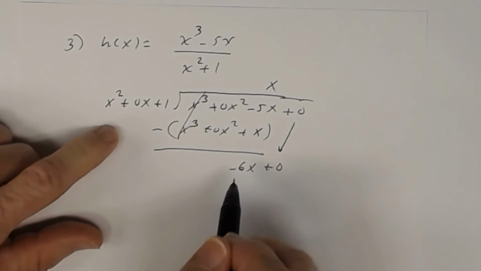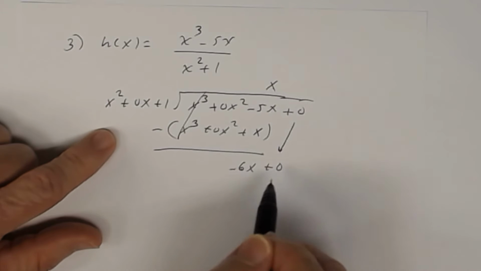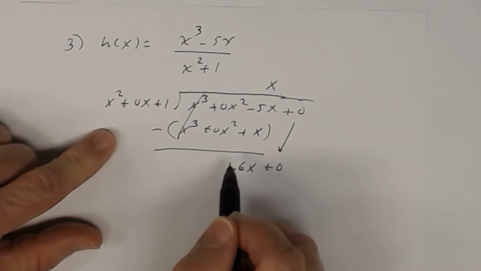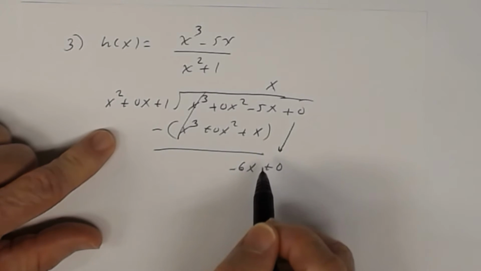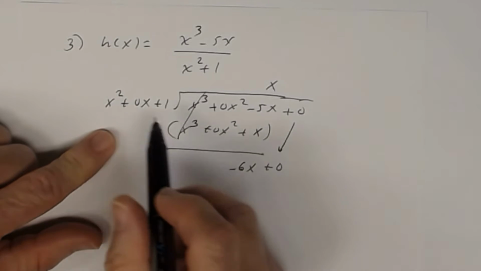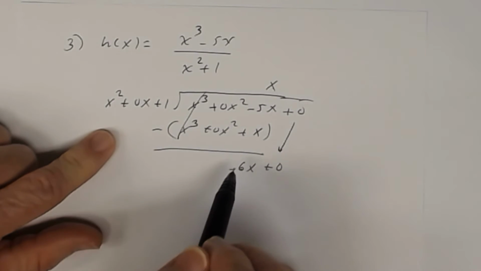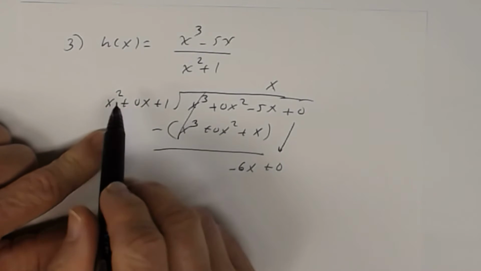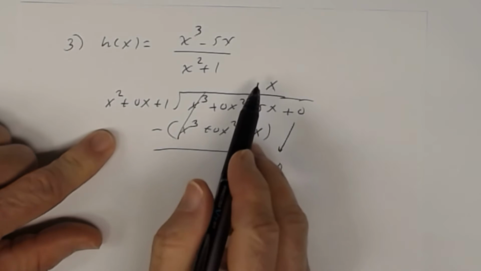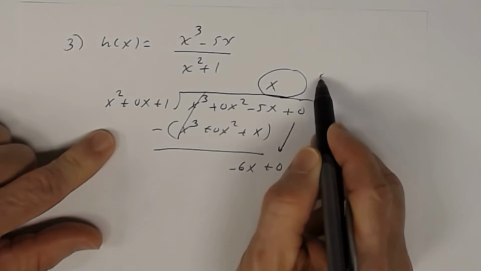Now, notice I cannot divide any further because the degree of this remainder is 1 and the degree of my divisor is 2. Once the degree of the remainder is less than the degree of the divisor, you stop. So this is your quotient.